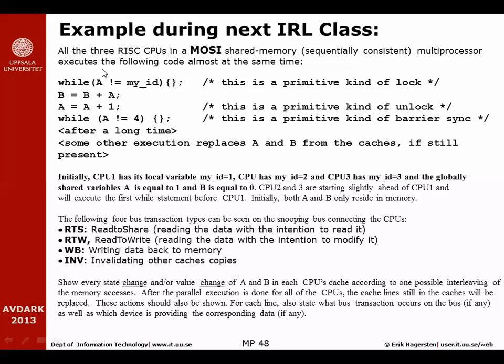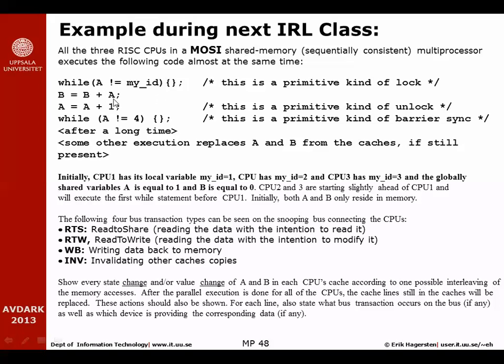So all the three CPUs will start to execute, of course, from the top, and they're going to say while the global variable A is not equal to myID. And they all have different myIDs. So while that is true, they're going to stay in this infinite loop until variable A suddenly reaches the value that corresponds to myID.